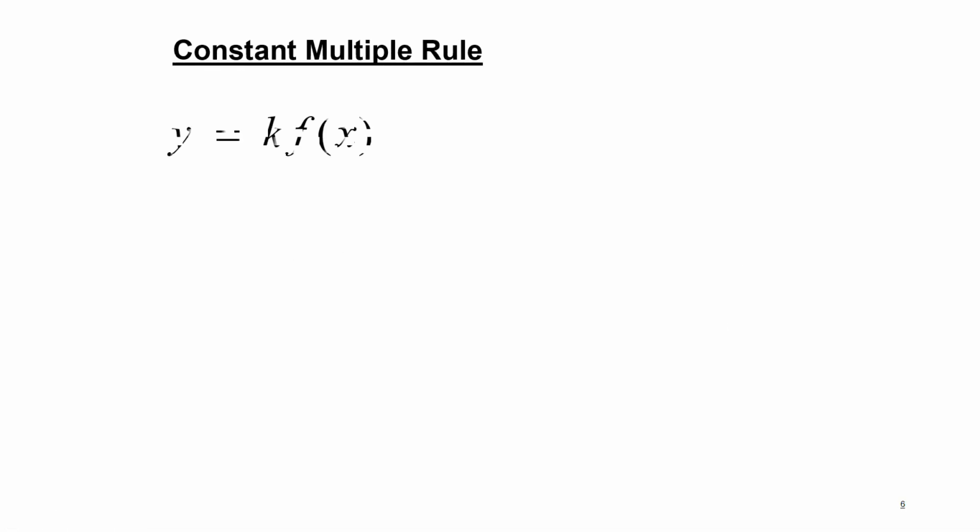Constant multiplied to a function, we say constant multiple rule. So if you have a number multiplied to the function, then what will happen, you differentiate the function and at the end you just multiply by the constant that you have initially. So this is how the rule works. If you are given a function y is equal to k times f of x, remember k is a number multiplied to f of x, and f of x is a function.